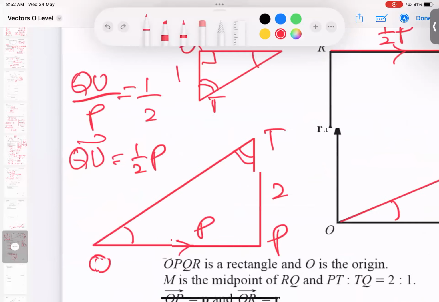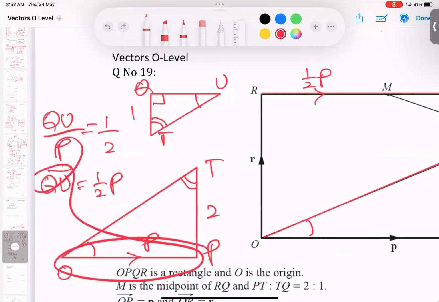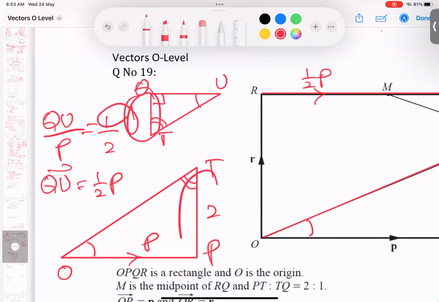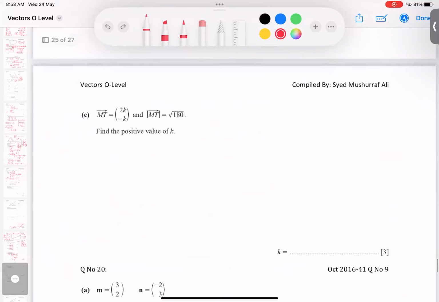Now, what is the technique I use? The small triangle base, keep it up. The large triangle base, keep it down. The small triangle ratio up and the large triangle ratio down, and then cross multiply. This is called similarity. Okay, students, I hope the point is very clear. And let's talk about the last part.